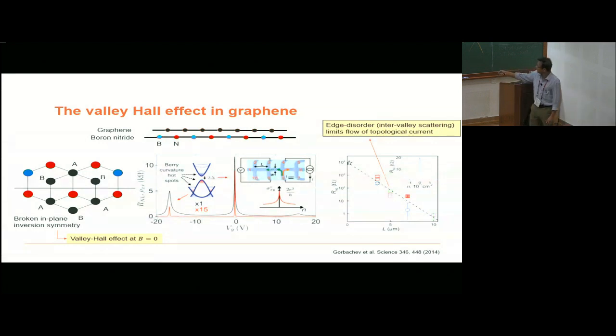As a result, as you make the sample length longer, the topological features essentially decrease exponentially, which makes them particularly difficult to detect in most experiments. Okay? So this is what we had been looking at: how we can look at possible topological order along the edges using transport of different types. Okay.